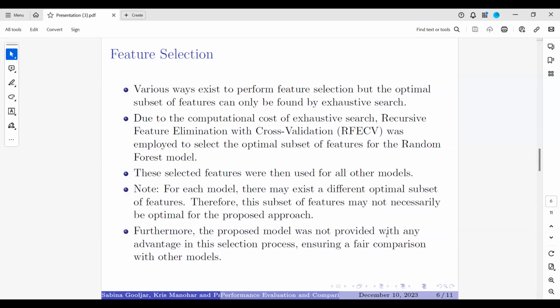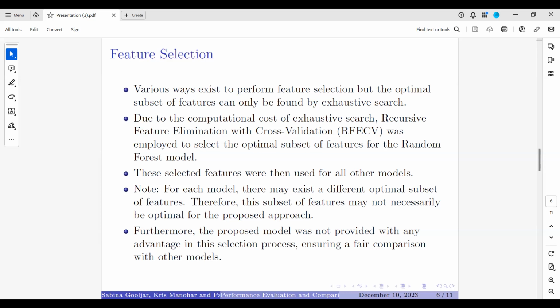We did feature selection as well. Ideally, the best way to find the most effective set of features would be through exhaustive search, but sometimes this might not be feasible. So we used recursive feature elimination with cross-validation to find the optimal subsets, specifically for the random forest model.